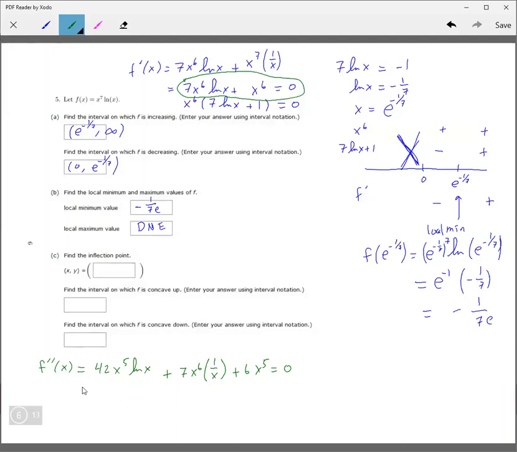Let's see here. Let's see what we got. This is 42 x to the 5th log x. This is going to be 7 x to the 5th and then 6x to the 5th.